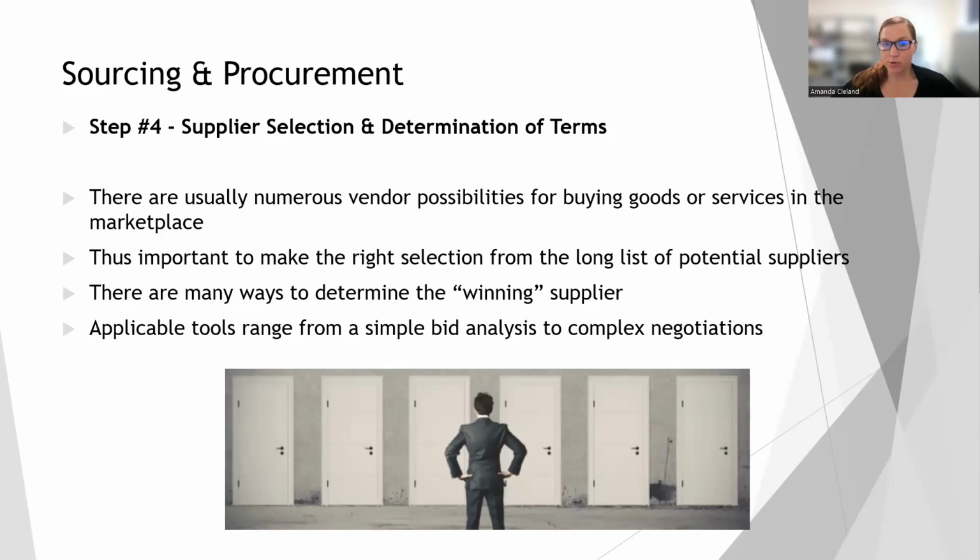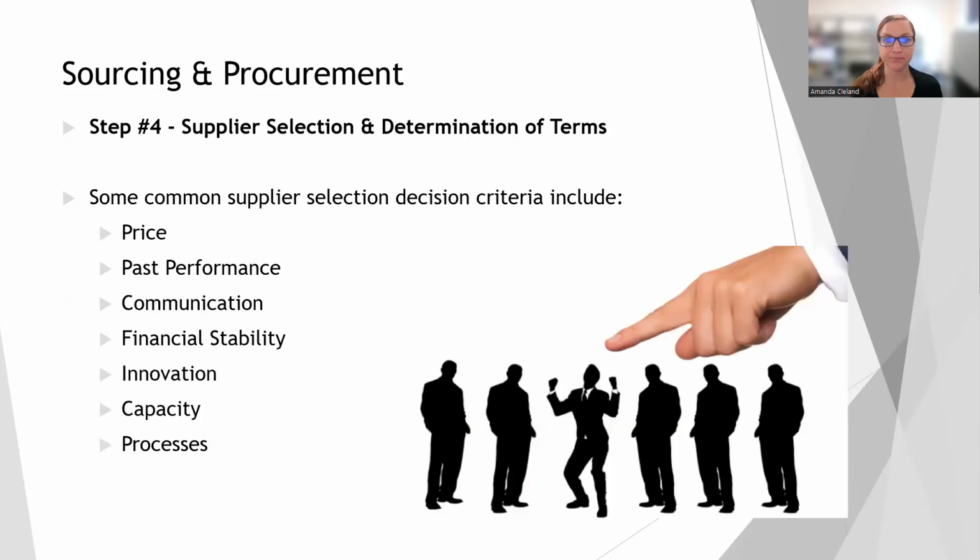So it's very important to make the right selection from this very long list of potential suppliers. And there are many different ways to determine who is our winning supplier. All the different tools range from a very simple bid analysis to very complex negotiations. But we've got to determine which one of these suppliers we are going to buy from.